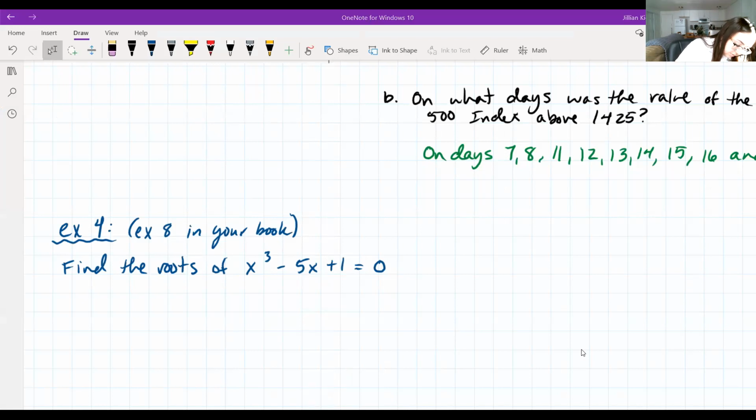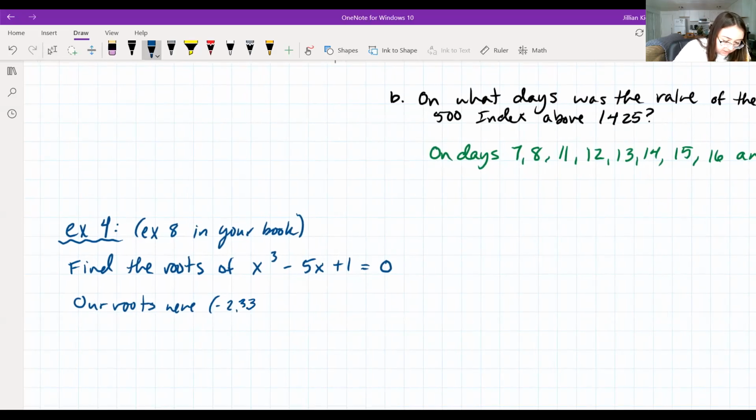So we found our roots were negative 2.330, 0.2020, and 2.1820. So those were our roots, which we found through Desmos.